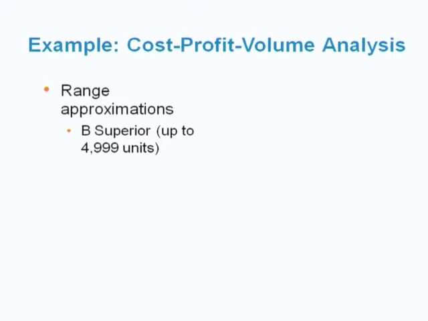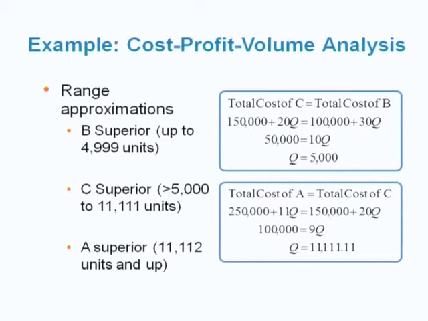To determine the exact range, we use the total cost formula of each alternative at the intersection. For example, at the first intersection of alternative B and C, the total cost of B and C are equal.